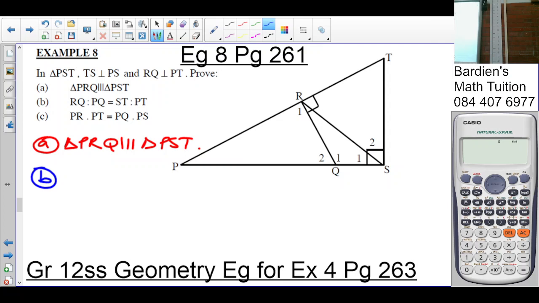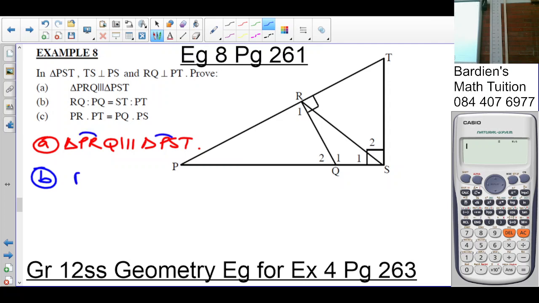Also, before I forget to mention, you must check that the triangles are in the right order. So P was equal to P, angle R of this triangle was equal to angle S, and T and Q was equal. The order has to be in the proper order so that the corresponding sides will be in proportion.